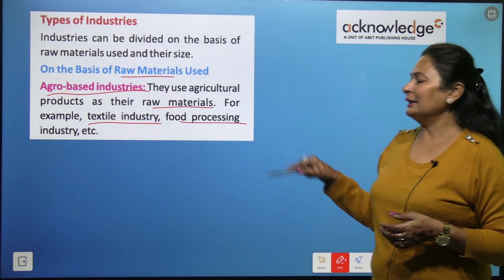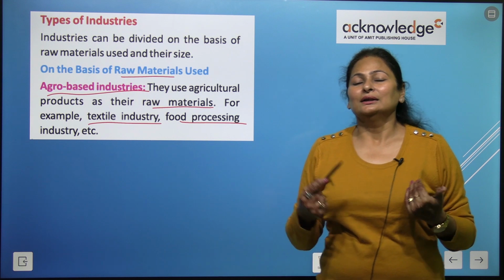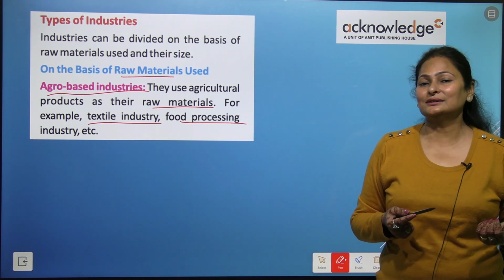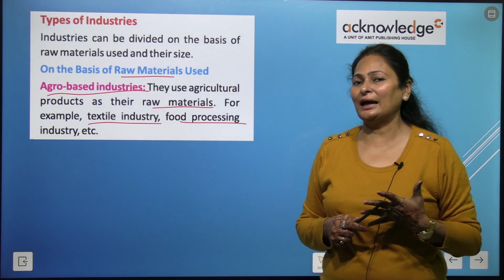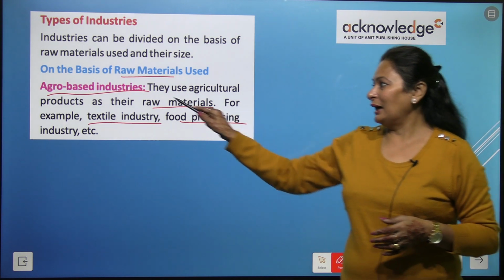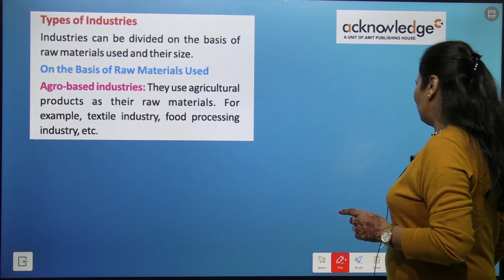Food processing industries like pickle industry, jam and sauces industry, they need agricultural products, right, to make jams, squashes, pickles, right? So these are called agro-based industries.